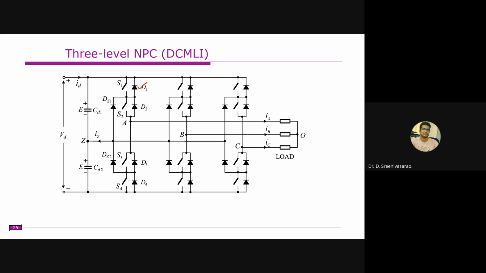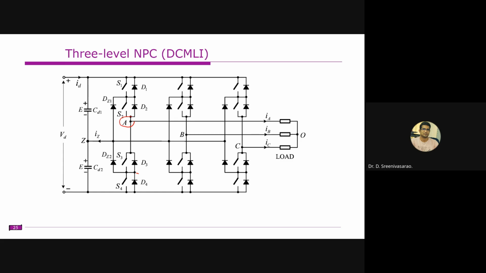S1 and S3 are complementary, and S2 and S4 are complementary. So this switch and this switch are complementary, and this switch and this switch are complementary. The operation is very simple.